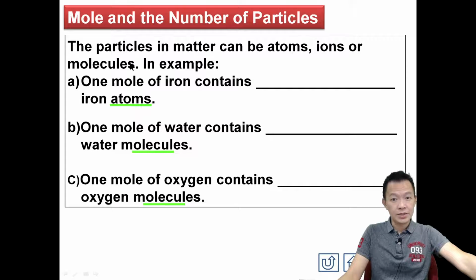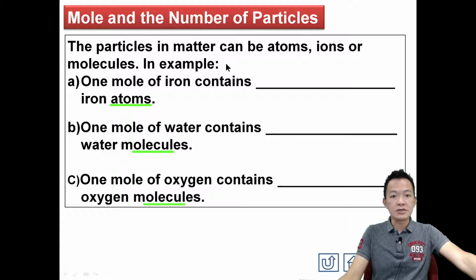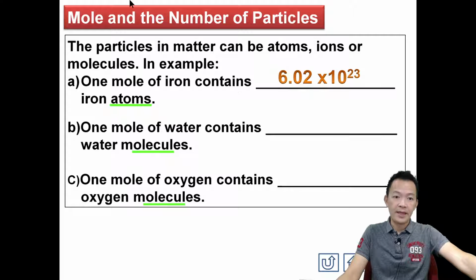Okay. Next, 再来 practice，我们试试看。The particle in a matter can be atom, ion, or molecule. Still remember? 所有的物质里面的 particle 可能是 atom，可能是 ion，可能是 molecule. So 1 mole of iron contains how many iron atoms? 1 mole 的铁到底有多少粒铁的原子呢？Okay, so what is meant by mole? Mole means 6.02 times 10 to the power 23.